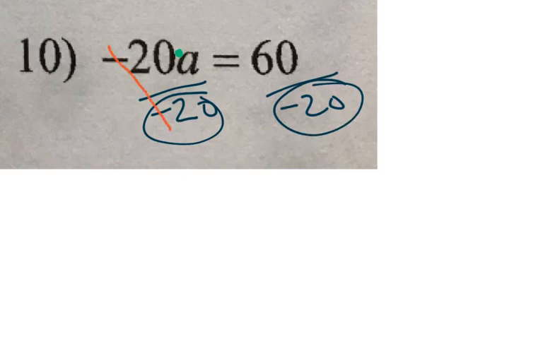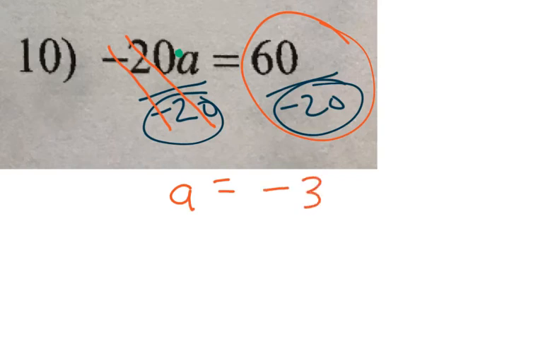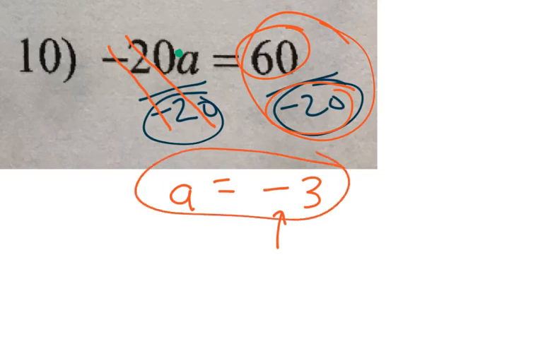Negative, of course, with negative makes a positive. 20 divided by 20 is simply 1a equal. Now over here, guys, 60 divided by negative 20 is negative 3, right? A positive divided by a negative is always negative. And 60 divided by 20 is 3. But of course, we could use our calculator to help us with the division.